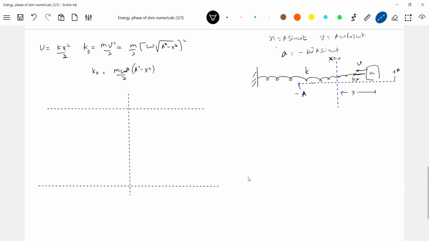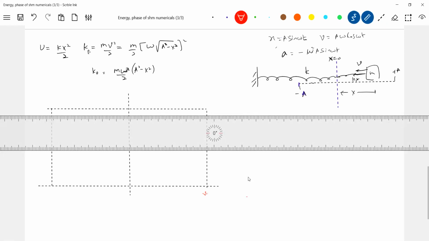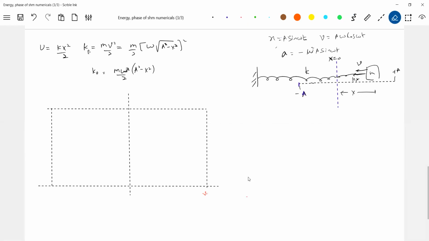Okay, this is the displacement, plus A, minus A, and this is 0. This is X. Here I'm plotting potential energy as well as kinetic energy.